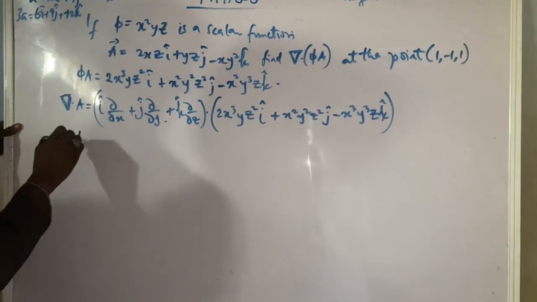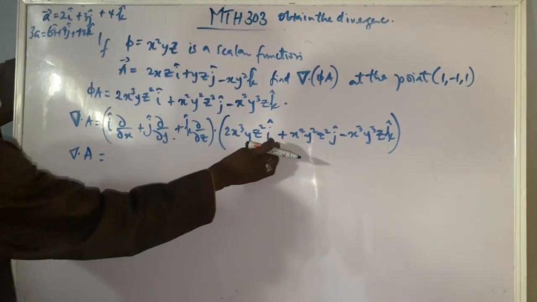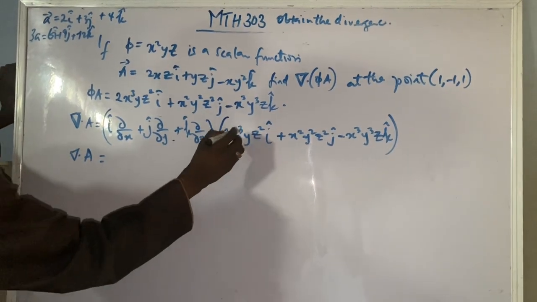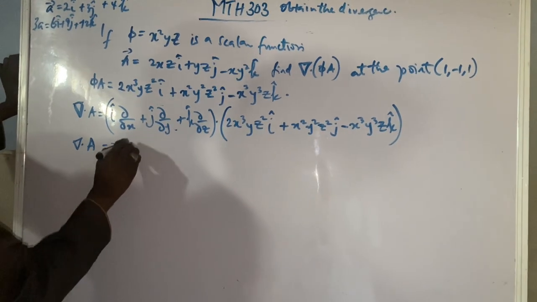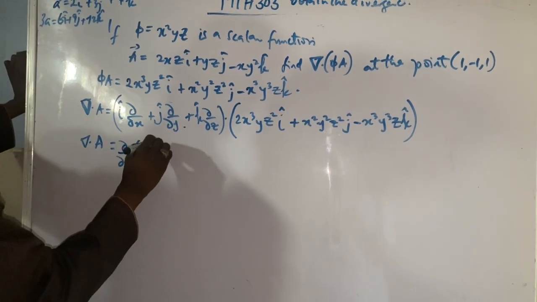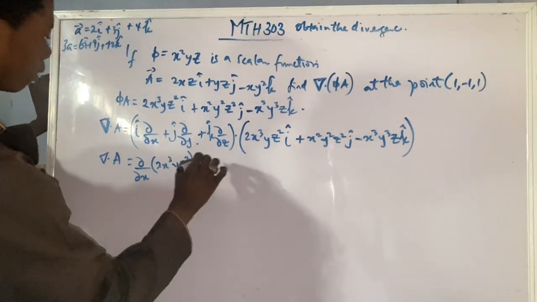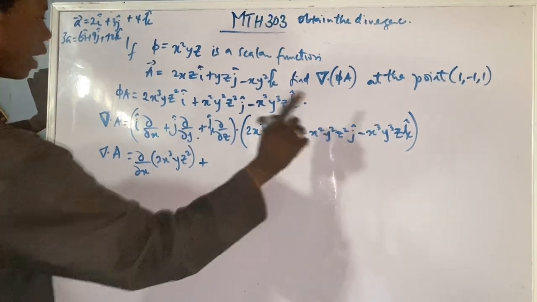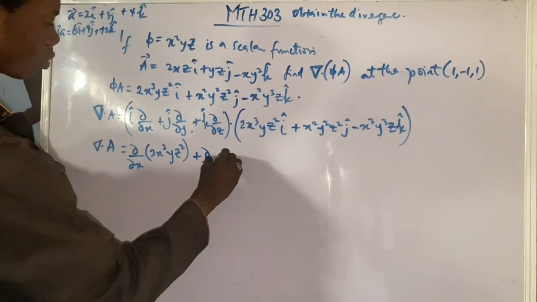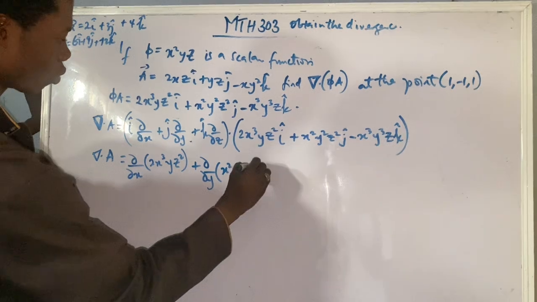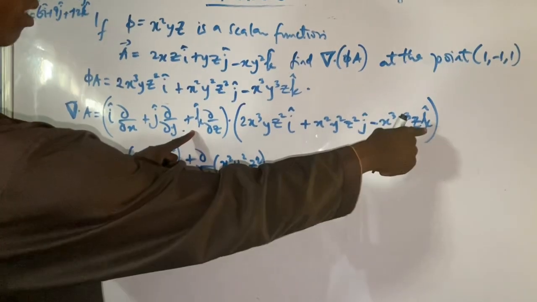Now, for the divergence, your i multiplies your i here. We're going to be having 2x cubed yz squared times del x, that is del x times 2x to the third power yz squared, plus j multiplies j, that is 1, del y, we're left with del y of x squared y squared z squared, plus k multiplies k, right?